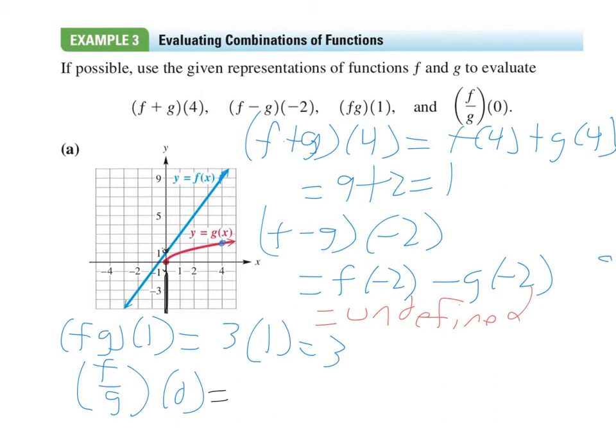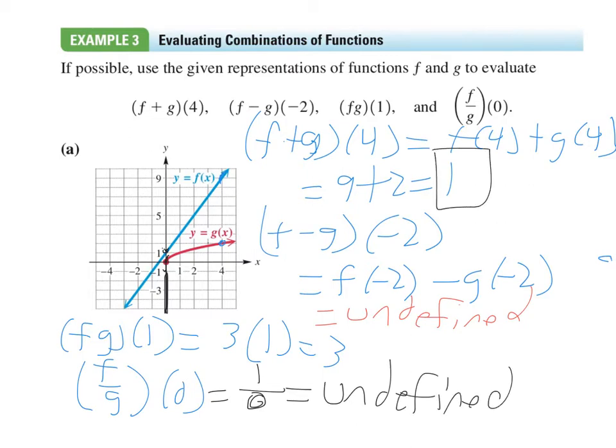So f of 0 is 1. Now g of 0 is just 0, so you have 1 over 0, and so you can never divide by 0. That would be undefined. Now, remember, whenever you're doing work or taking an exam, it's always best to box your answers in.